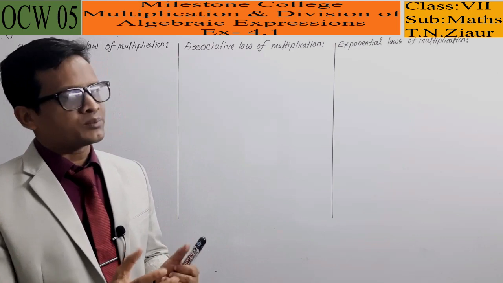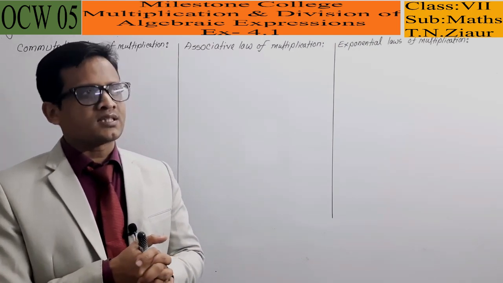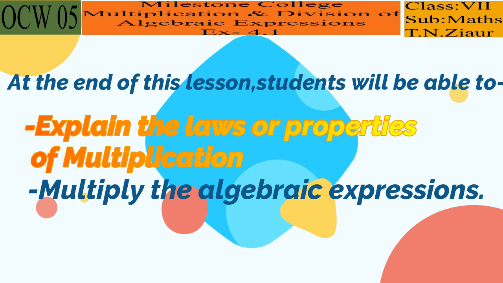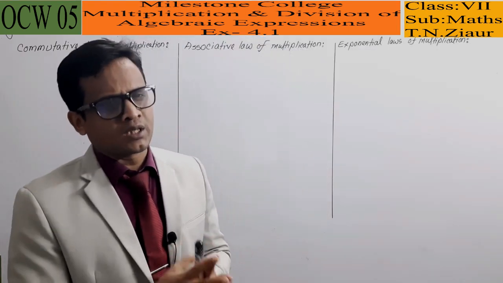So today we will solve, we know the multiplication. So first we have to know some law or properties of multiplication. At the end of this lesson, student will be able to explain the law or properties of multiplication and multiply the algebraic expression. So first we know the commutative law of multiplication.